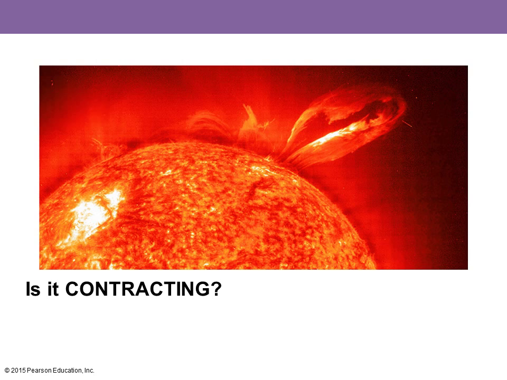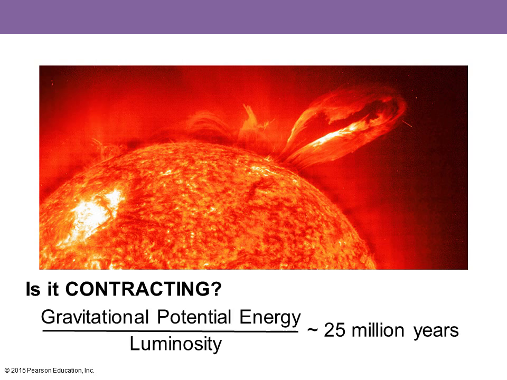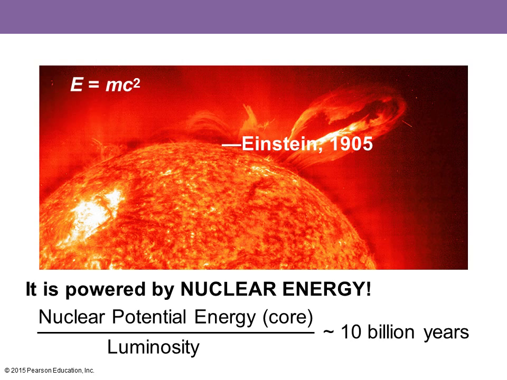Is it contracting? Is it burning fuel but at the same time getting smaller and smaller? The answer there is no as well. Its lifespan would only be about 25 million years based on gravitational potential energy being the force that makes the Sun burn. So that's not it.